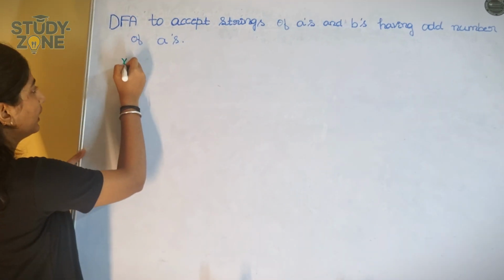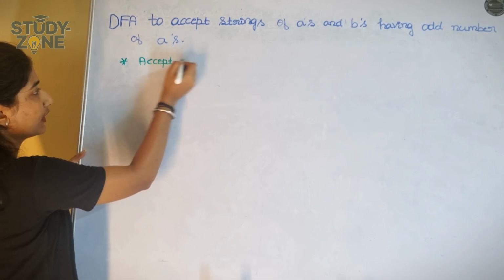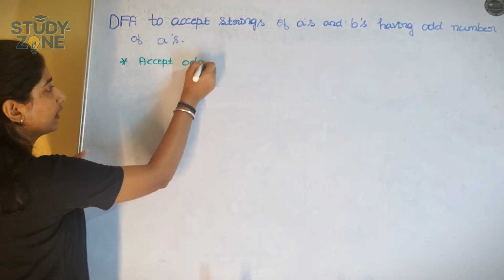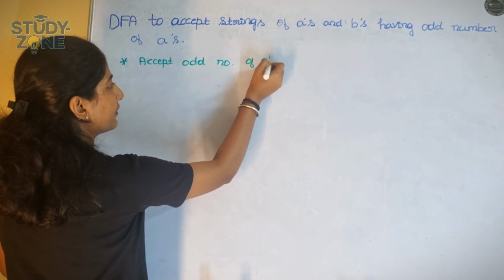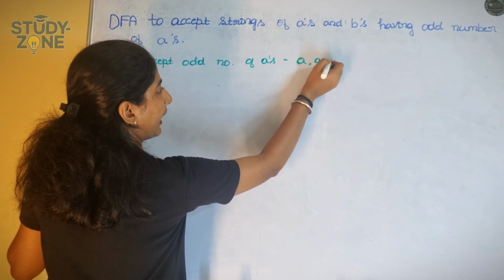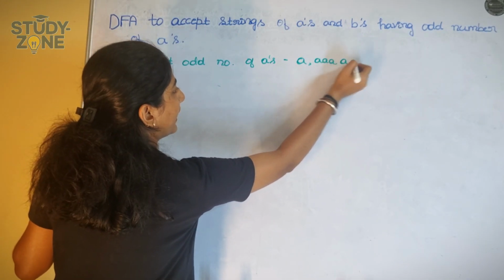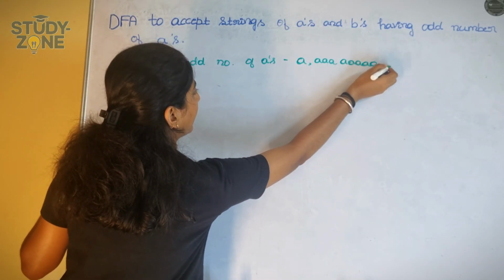So our goal is, one thing, to accept odd number of A's, which means we can accept A, or 5 A's, right? 1, 3, 5, 7 like that.